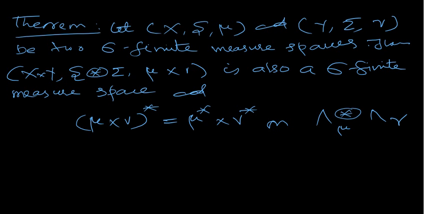It's not too difficult, because the extension of outer measure on a sigma finite measure space is always unique. Using that property, uniqueness of the outer measure generated by a measure, you can see this (μ cross ν)* is equal to μ* cross ν* on this. The outer measure generated by μ is unique for a sigma finite measure space.